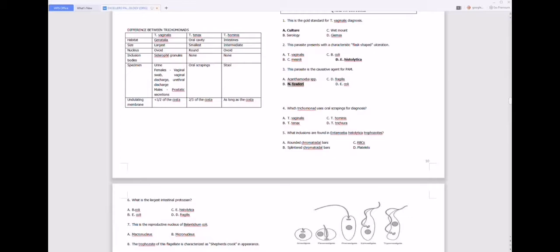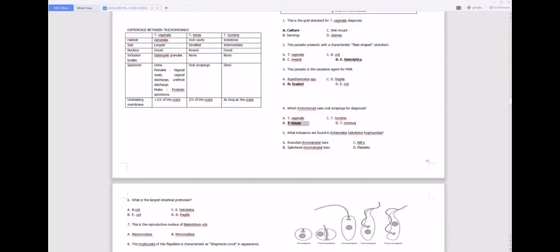So number 4, which trichomonad uses oral scrapings for diagnosis? A. Trichomonas vaginalis. B. Trichomonas tenax. C. Trichomonas hominis. Or D. Trichuris trichiura. So the answer is Trichomonas tenax, diba?